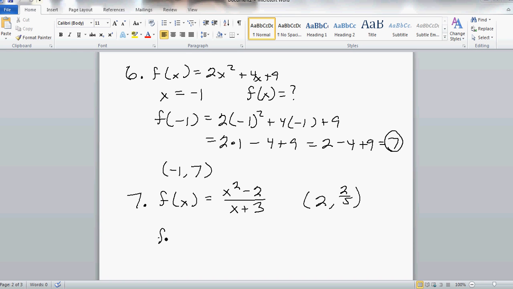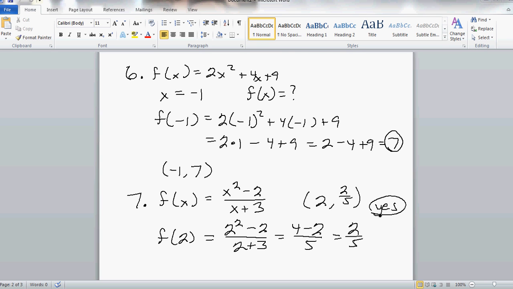So, let's find out what f of 2 is. f of 2 would be (2 squared minus 2) all over (2 plus 3). That's (4 minus 2) over 5, which is 2/5. So, if x equals 2, the y value is 2/5, and therefore, does this point show up? Yes, it does. And that is the answer for that problem.